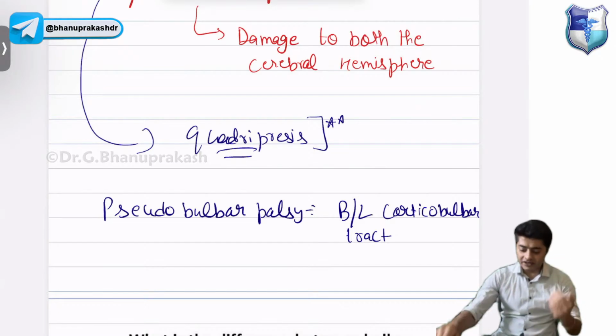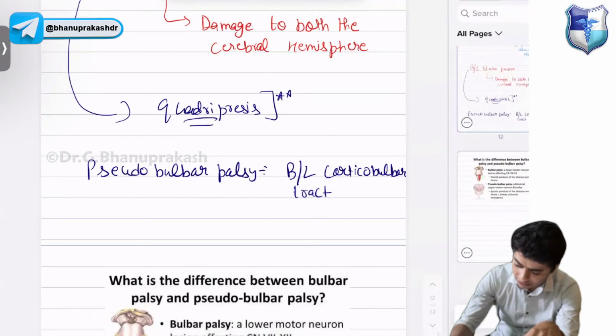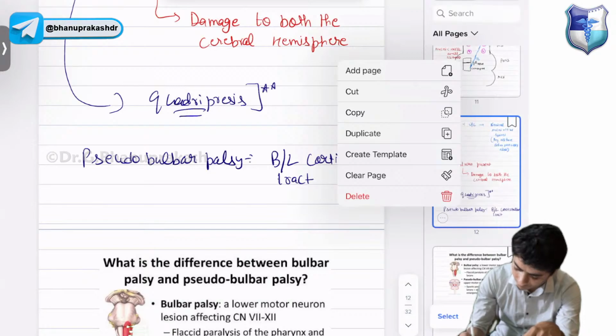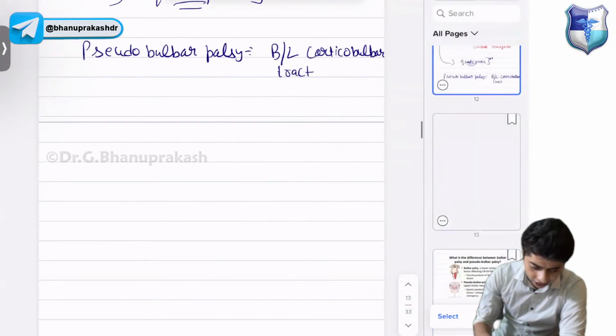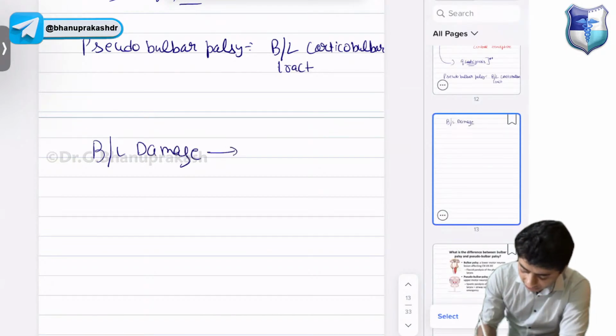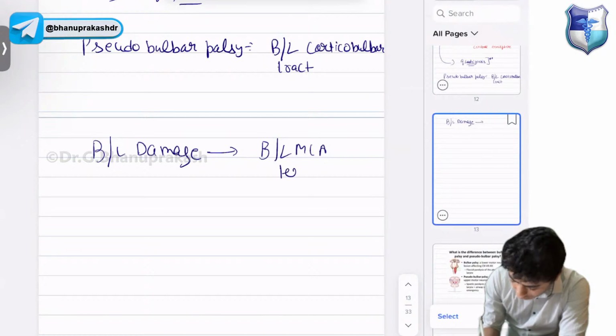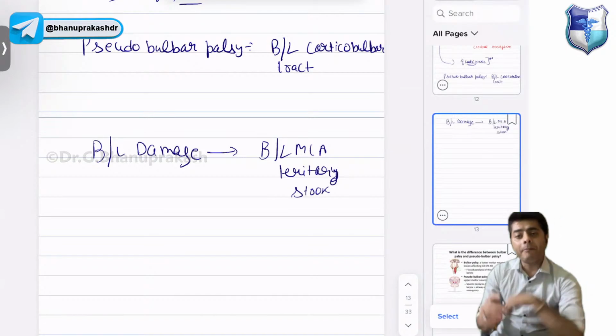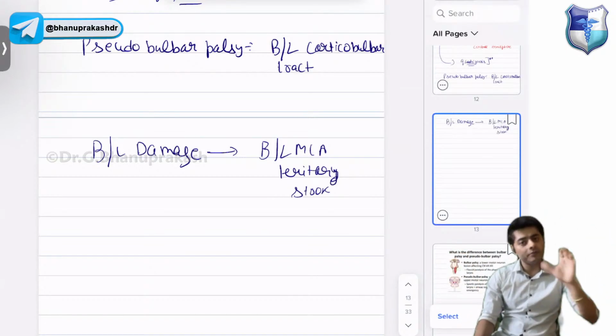Yeah, if there is bilateral damage, suppose there is a bilateral MCA territory stroke. Okay. So bilateral MCA, right side, left side, both will be damaged.